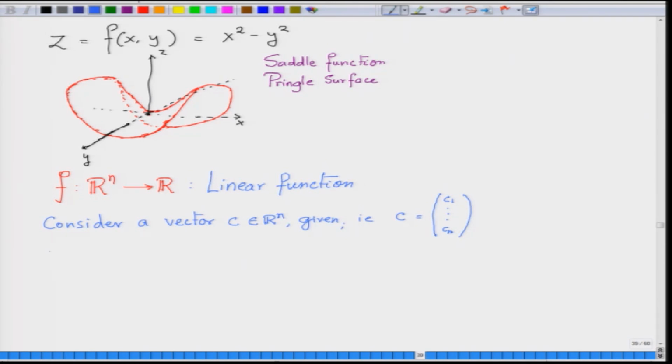Then define f of x, or if you want to be more precise, f of x1, x2, up to xn, as C1 into x1, plus C2 into x2, plus up to Cn into xn.